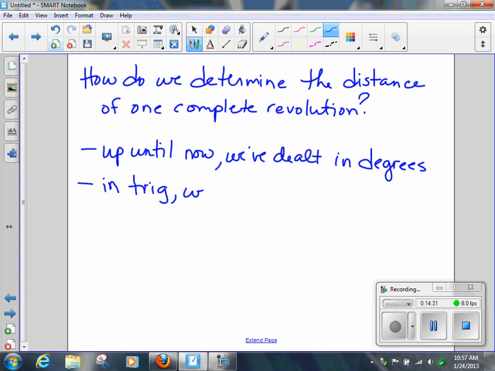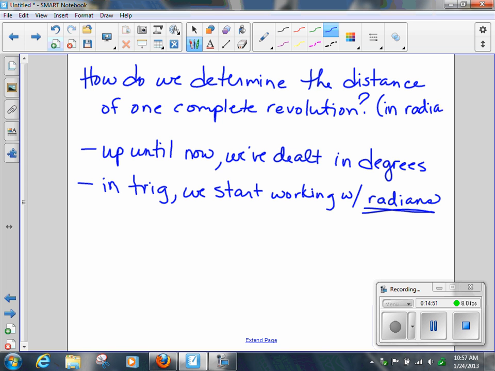In trig, we start working with radians. And folks, that's what we're going to think about when we're talking about a revolution around that unit circle. It's going to be in radians, okay?